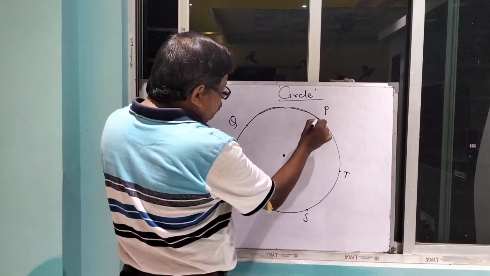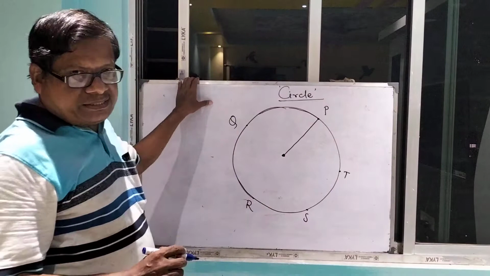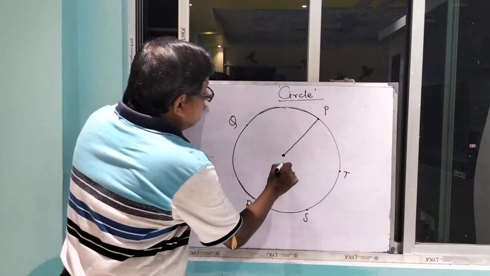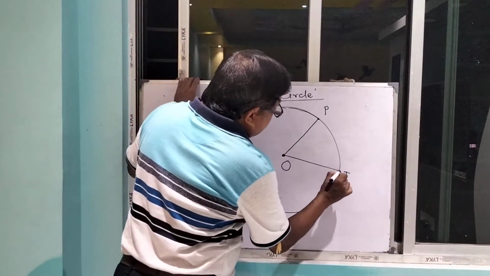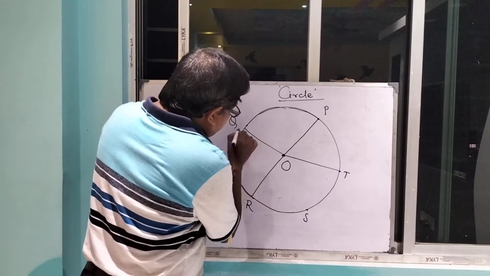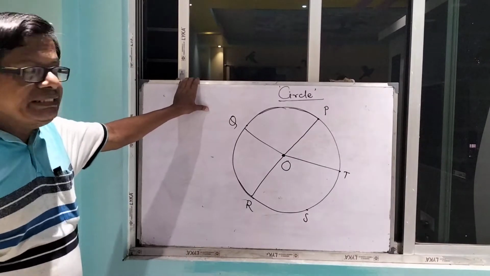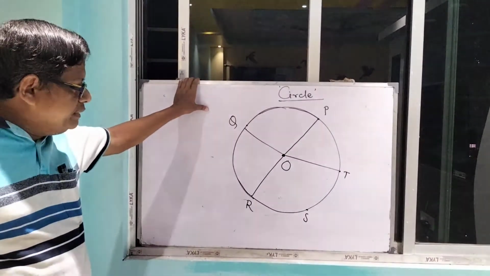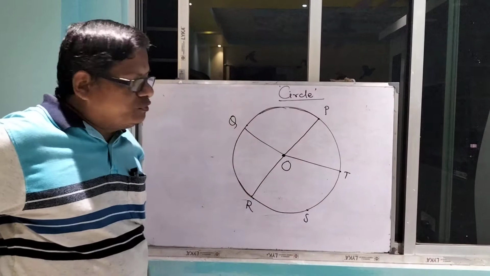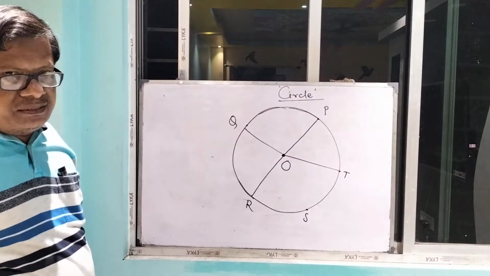The distance from the center, the fixed point, is the radius. Suppose O is the center, join OT, OR, and so on. All are radius. The distance from the center to the moving point is known as its radius.